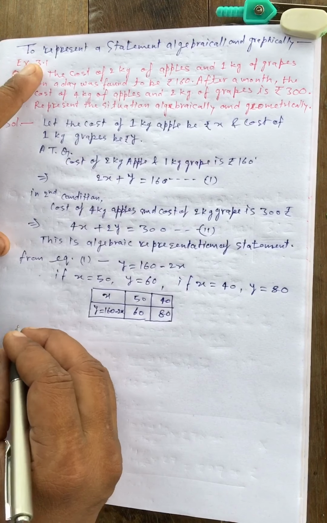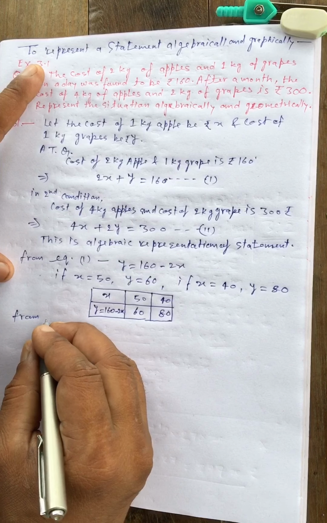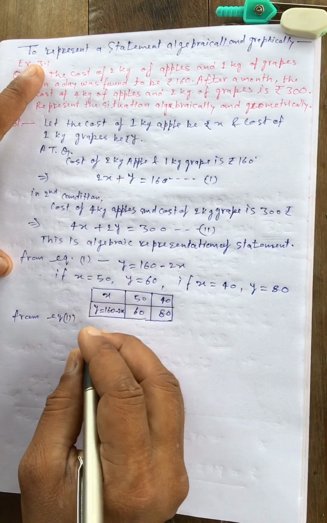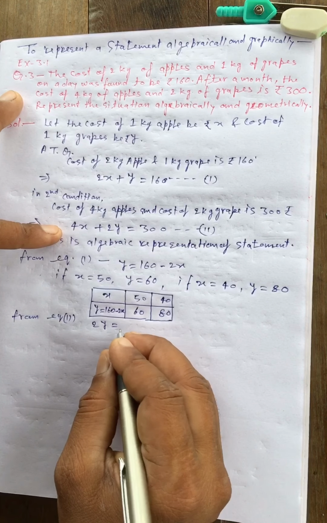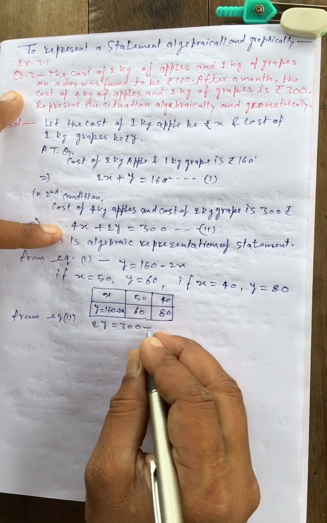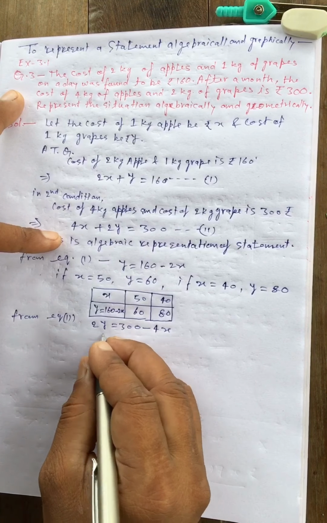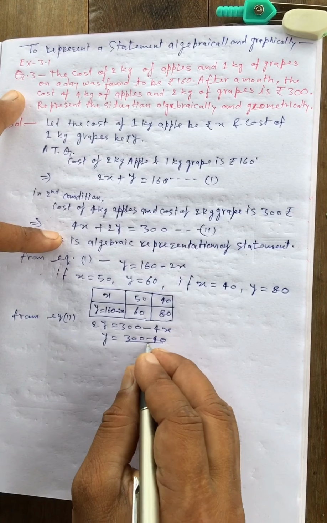Now similarly for the second equation we can write 2y is equal to 300 minus 4x, that is y is equal to (300 minus 4x) upon 2.